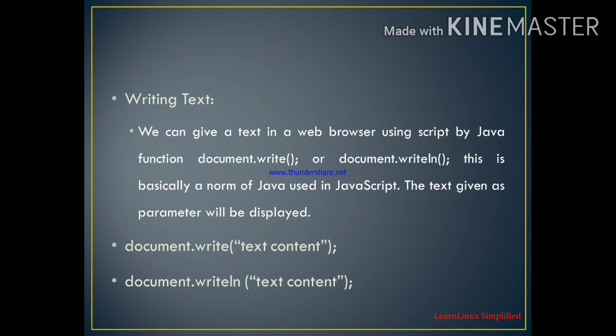On the other hand, with writeln, irrespective of the size of the text content, we occupy the complete line, and the next command will be executed on the next line. So if I am writing only a word, then after the word is displayed, the rest of the line will be blank, and the next command will be executed after the next line.